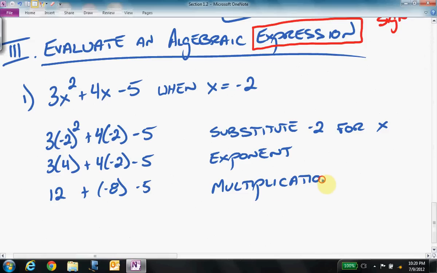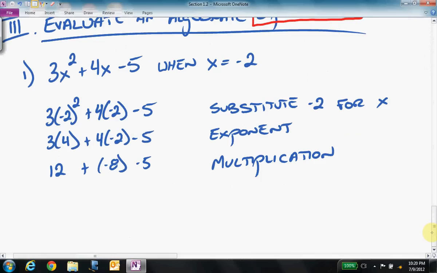It's our multiplication. And then lastly, we are going to do our addition and our subtraction, which is our last step of order of operations. And we see 12 plus -8. Well, that's 4. And then bring down our -5.